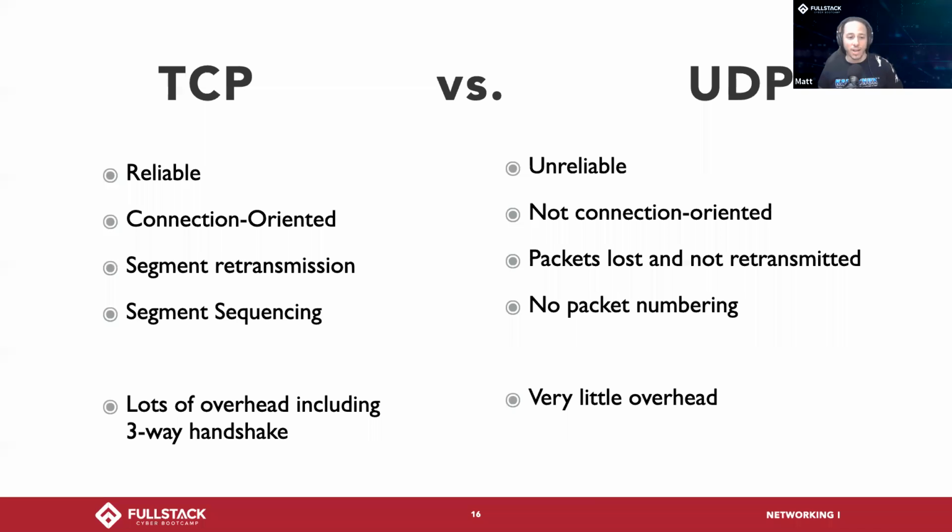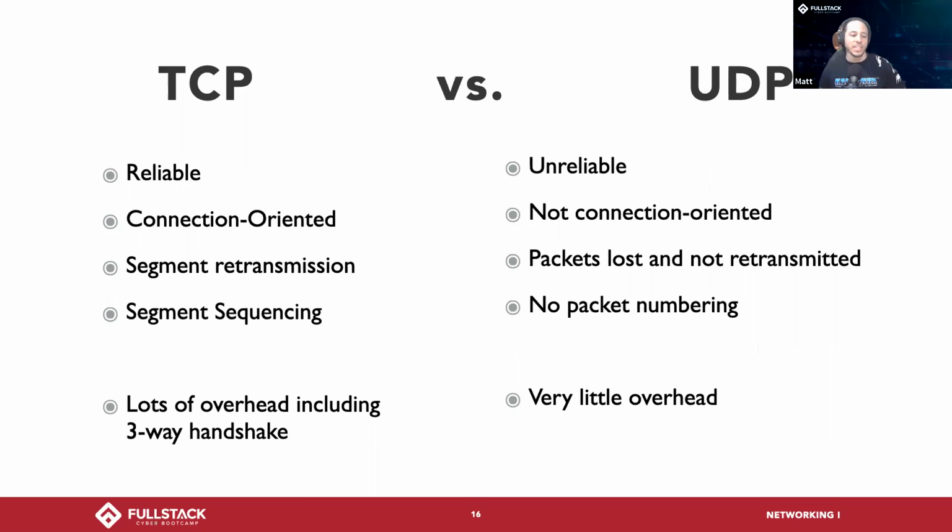And if it doesn't arrive, I will know that it didn't arrive. Versus UDP, I'm sending stuff and hope you get it, man. That's it, right? It's just sending that data and hopefully you catch it. There's no part of the protocol that ensures that it actually gets there.